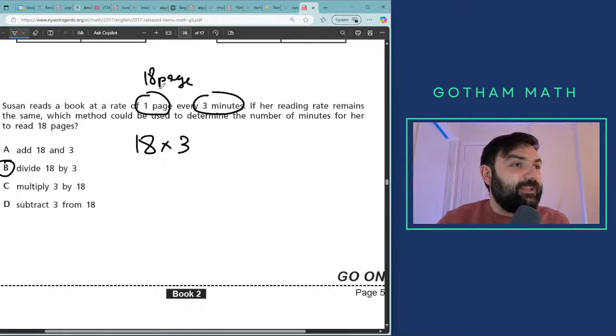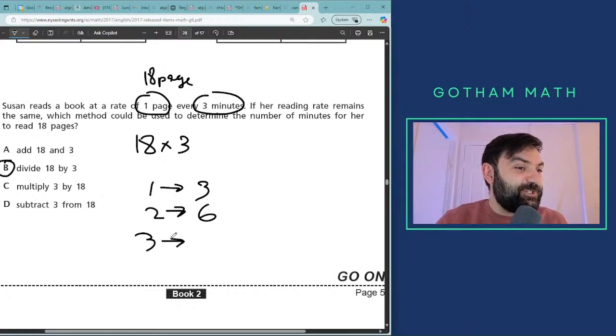But they did not ask you that. They asked you how much time it will take to read 18 pages. 1 page, 3 minutes, 2 pages, 6 minutes, 3 pages, 9 minutes, right? So it's times 3. So it's 18 times 3.